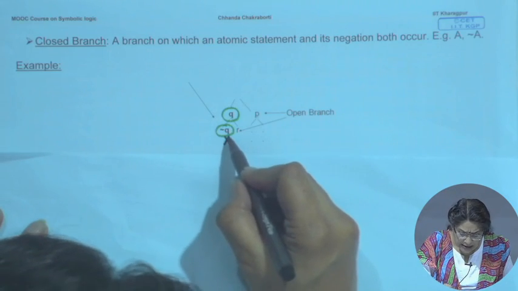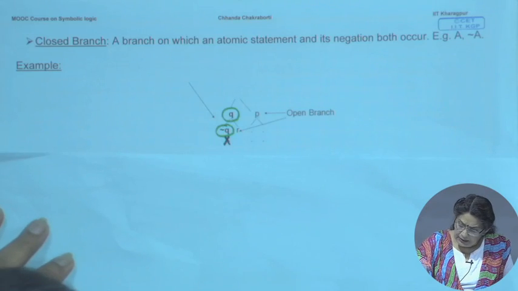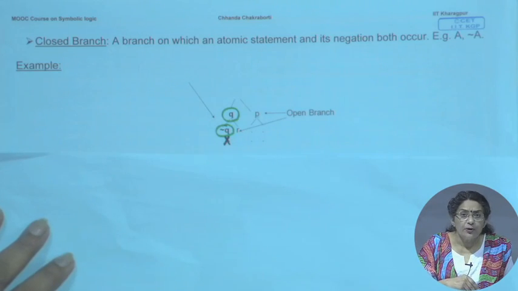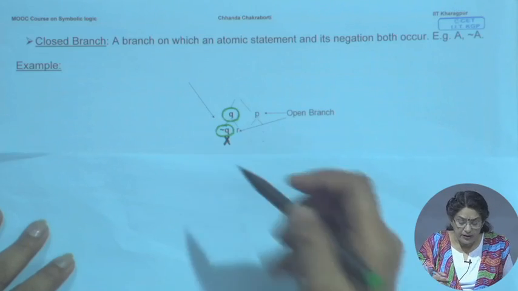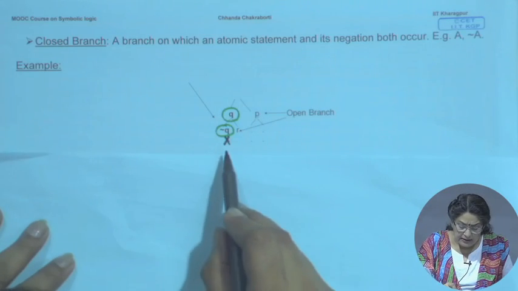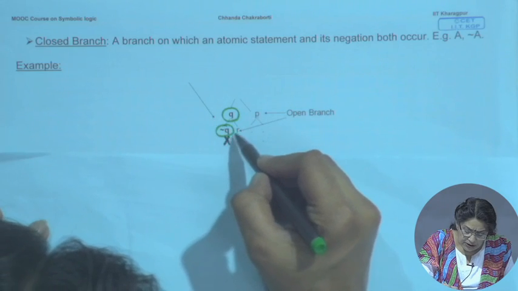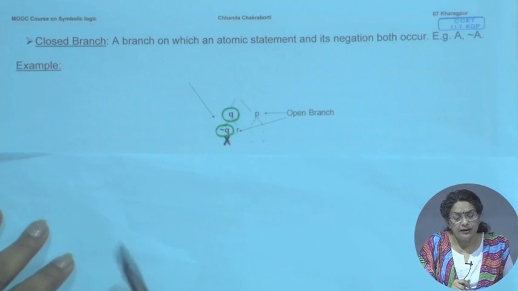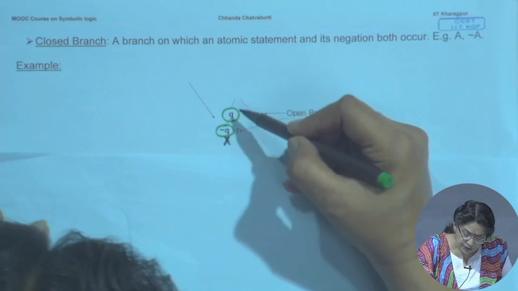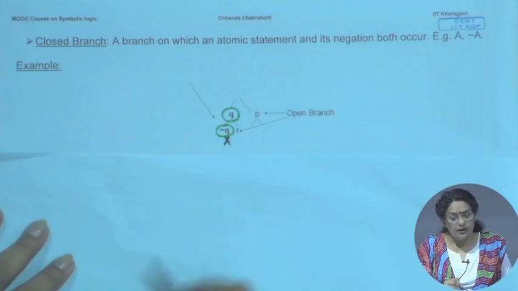This has to be put under the closed branch, and this circling is also important to remind you, and also your reader, that this is the reason this branch is closed. So, you encircle the components or the literals which have led to the closure of the branch. Did you get that? So, follow the branch through and speak out the literals because of which the branch has closed down, like so.